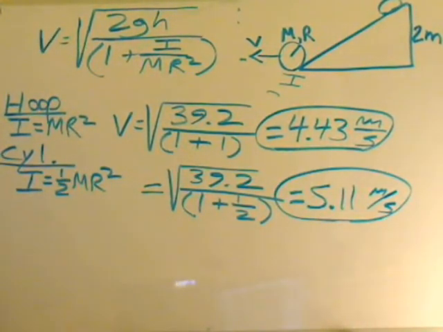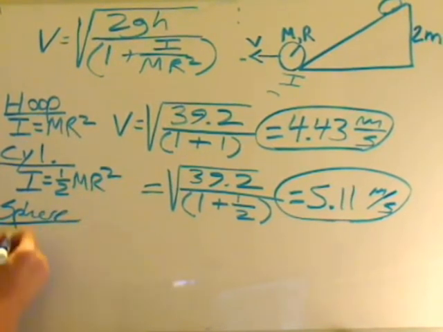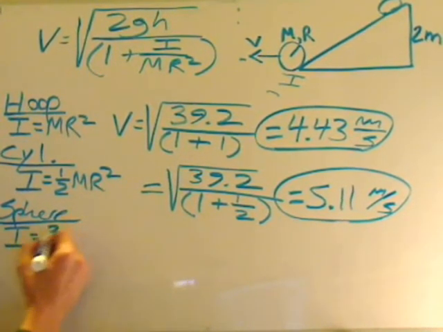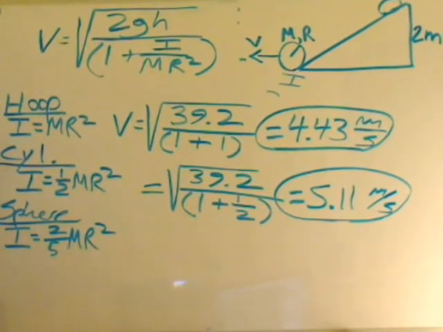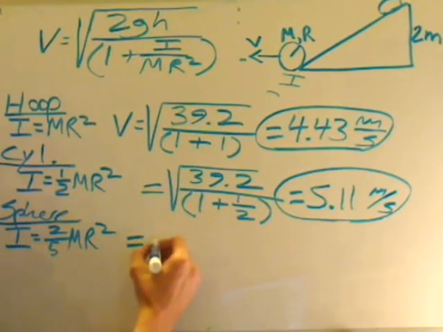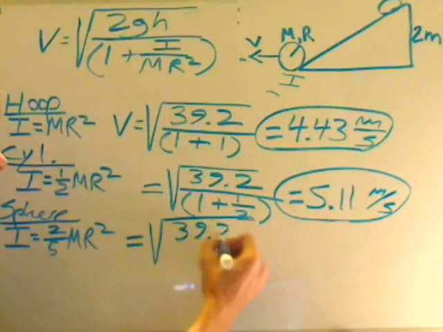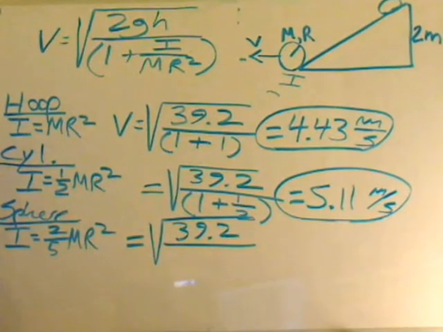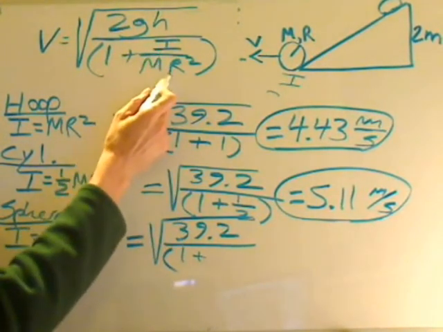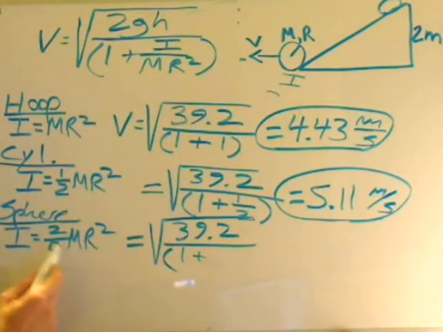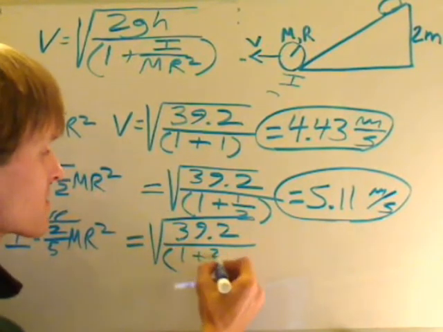Now our final object is the sphere. The sphere has moment of inertia 2/5 mr squared. So when we calculate the velocity, we get this same 39.2 divided by 1 plus moment of inertia over mr squared. 2/5 mr squared divided by mr squared gives you 2/5 here.